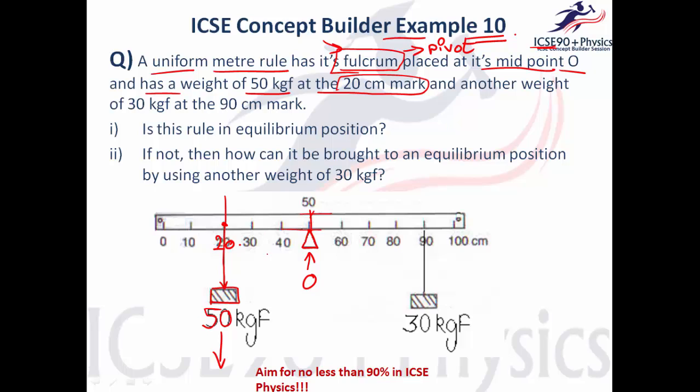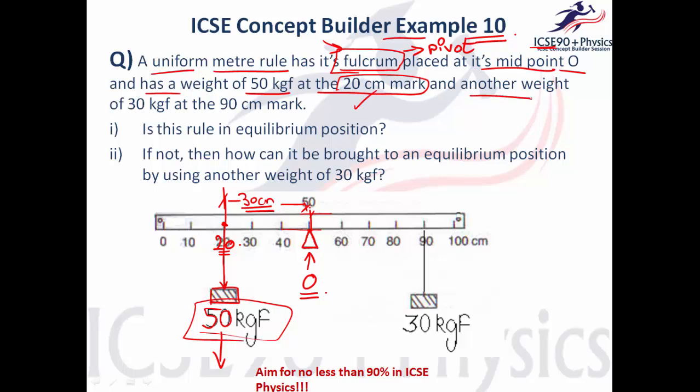It simply indicates that this force is at a perpendicular distance of 50 minus 20, that is 30 centimeters, from the central pivot point O. So whenever you consider the moment of this force of 50 kgf, you consider it at a perpendicular distance of 30 centimeters.